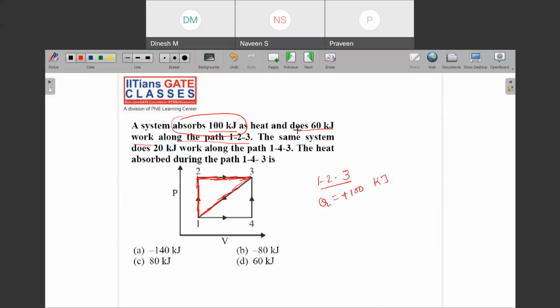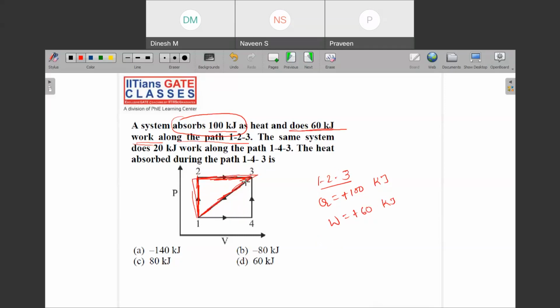And then it says that it does 60 kilojoule of work. That means it is supplying the work, so this is also a positive value. Okay. Then can we find out the delta U between 1 to 3? Why? Because you are using 1 to 2, 2 to 3, and 3 to 1.